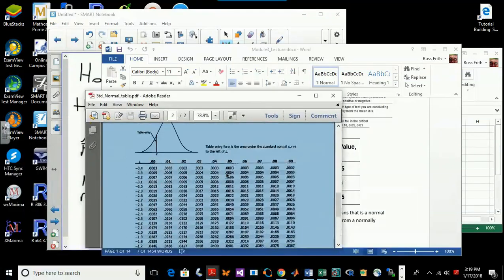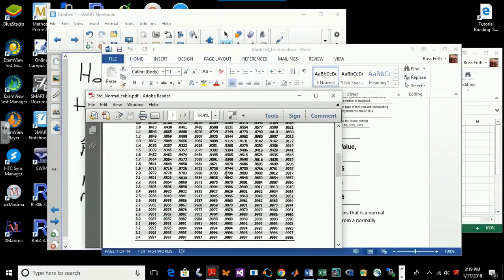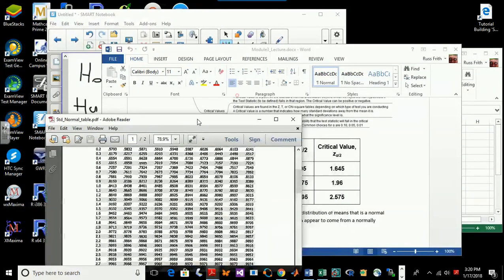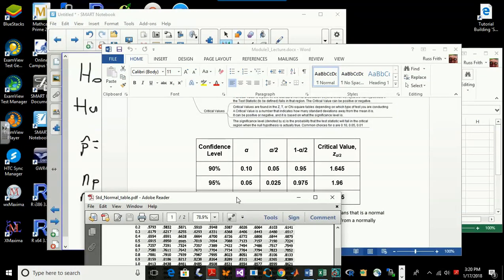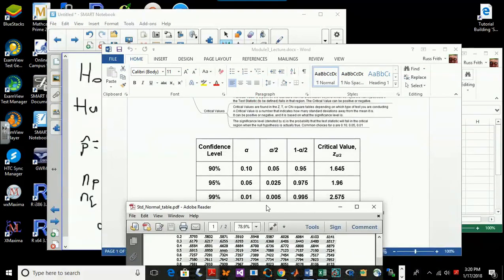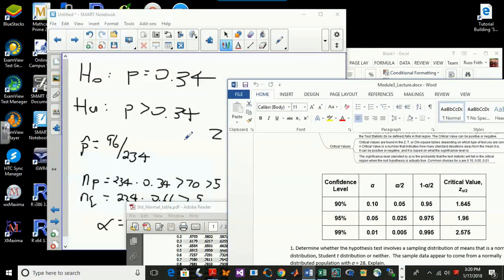That makes a critical value of 1.645, but the p-value is 0.95, right?